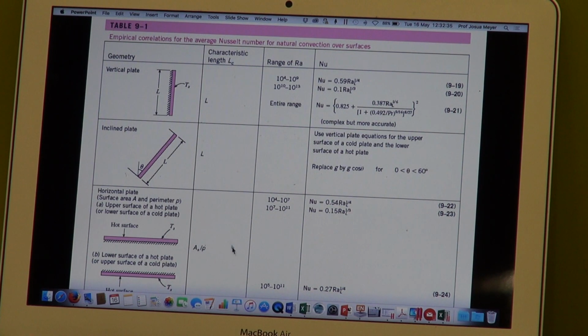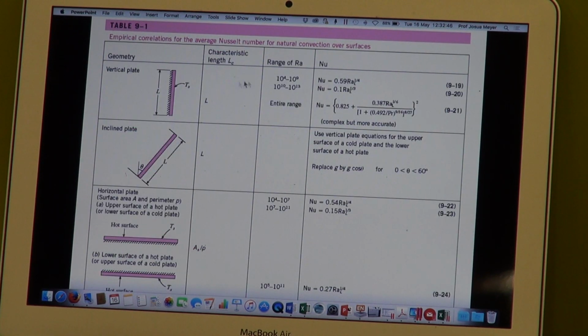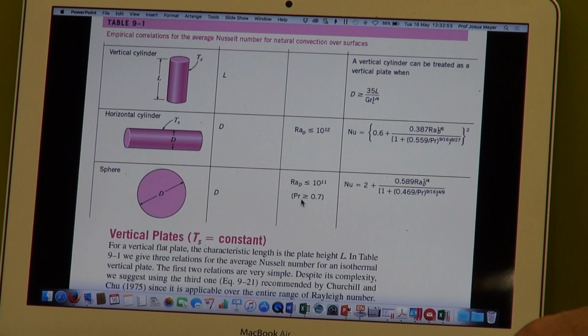You can see L, and then suddenly it is the cross-sectional area divided by the perimeter. And there it is the diameter. So we have to be careful with that. And for all of that, depending on the ranges of the Rayleigh number, there are different equations that can be used. So let's do two examples.